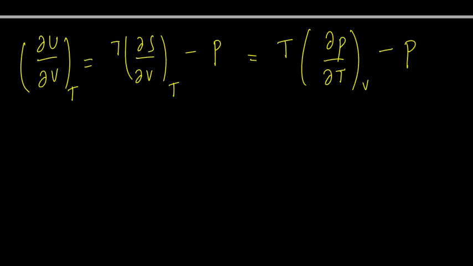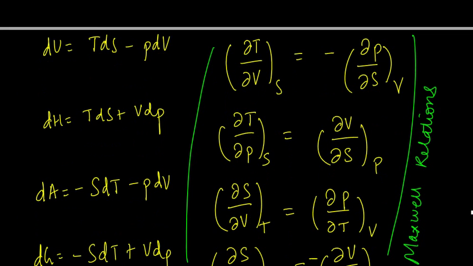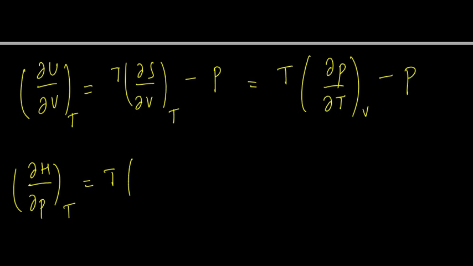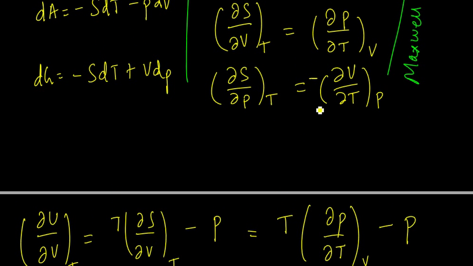I could get the other one also. So again, I go back and look at the second one. T del S by del P, and del S by del P at constant temperature is equal to minus del V by del T at constant pressure, the fourth Maxwell relation.